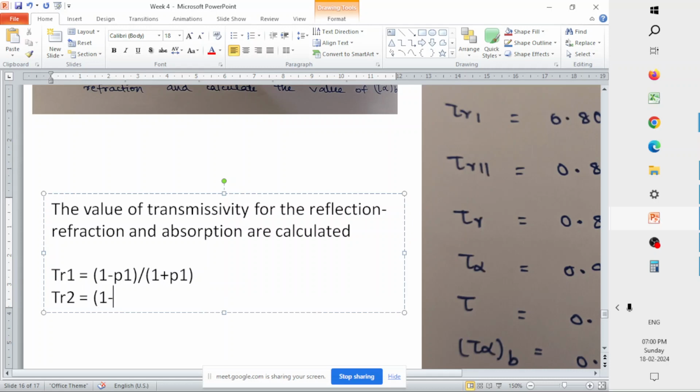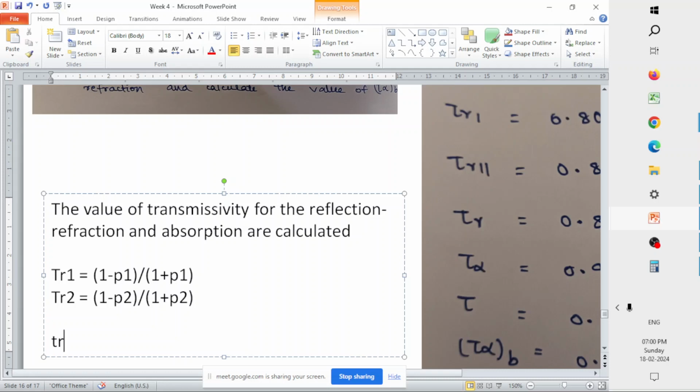I guess if you can remember this formula, it will be easy even if the number of glass covers used in your solar collector system is more.